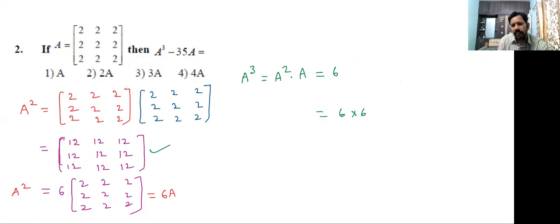Leave it. A square means what? 6A into A. Again, we are getting 6A square. A square value again, write the 6A.